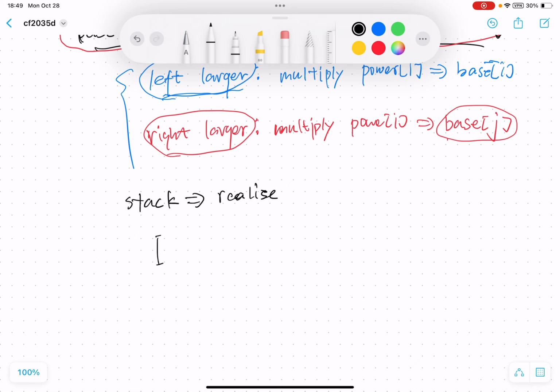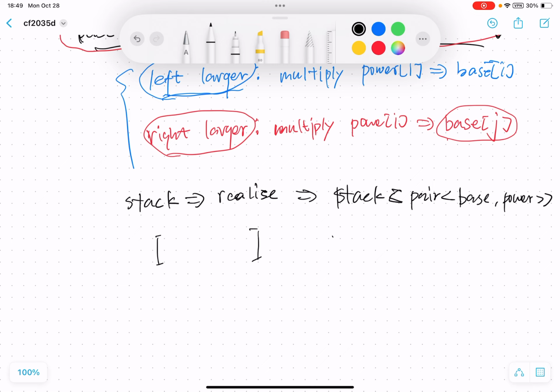We have a stack. It is a pair. First element will be the base value. Second is the power.